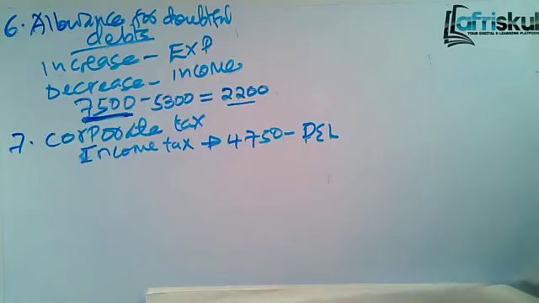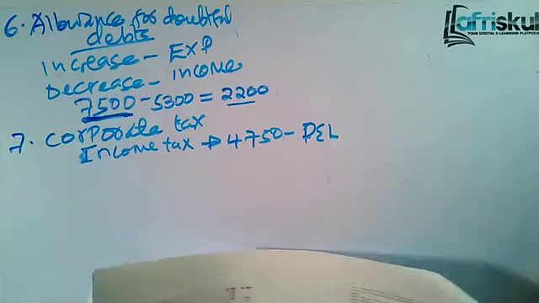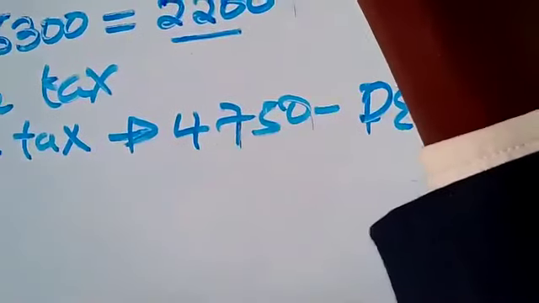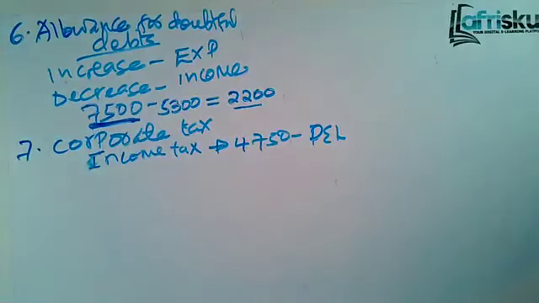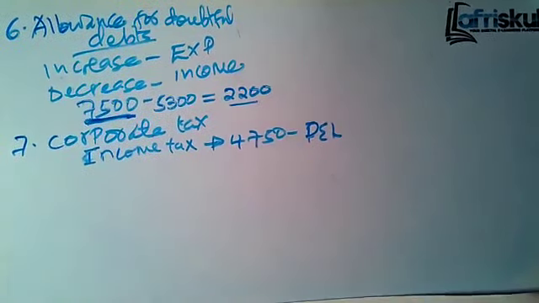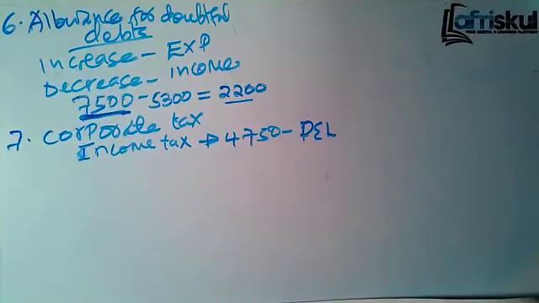Now, when you check on the trial balance, there is the corporate tax payable. This corporate tax payable is for the previous year. The corporate tax for the previous year was not paid, and therefore it is still a liability to this company.